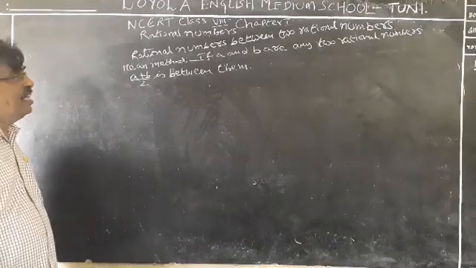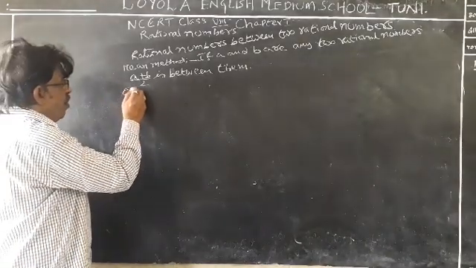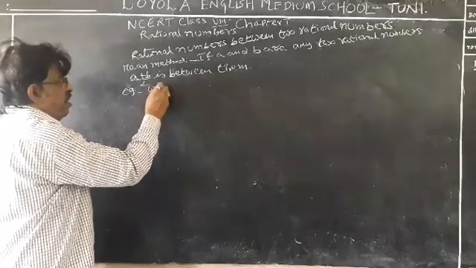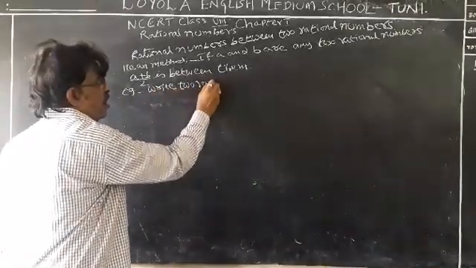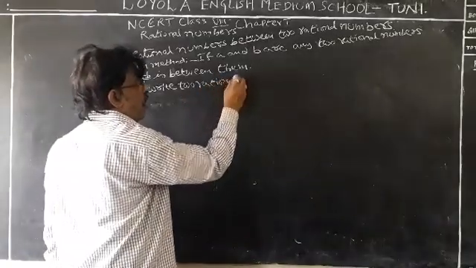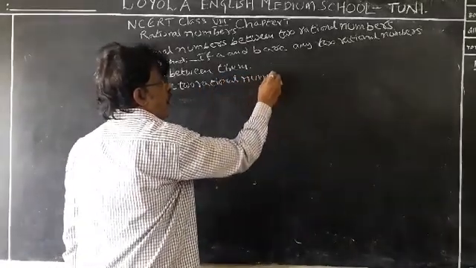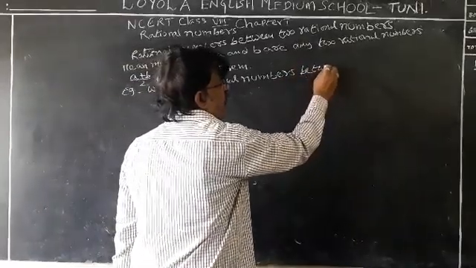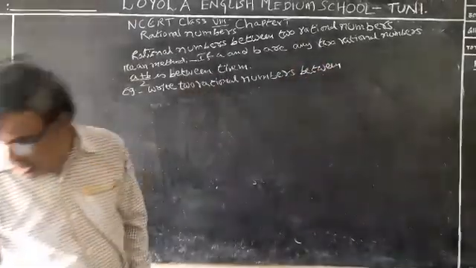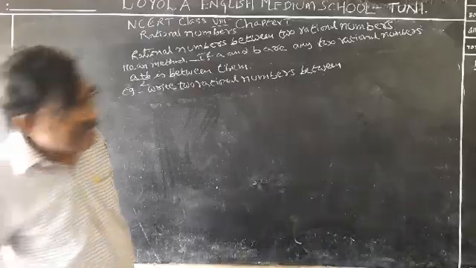What does it mean? For example, observe one example. Write two rational numbers between 2 by 3 and 3 by 4.